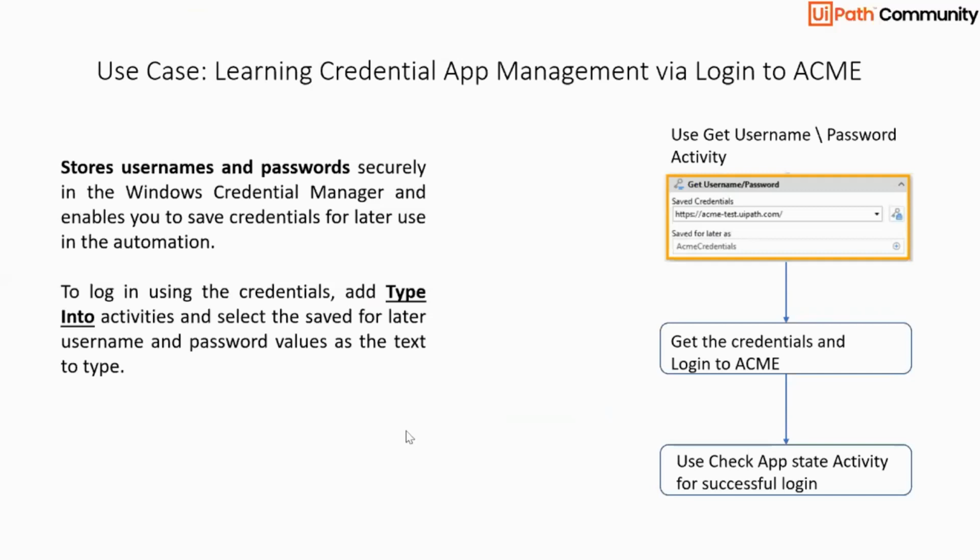However, if the user does not want to intervene, the bot can directly fetch the username and password from a credential manager logic. Every Windows has the Windows Credential Manager, and UiPath, with the help of a UiPath activity, builds a bridge between Studio and the Windows Credential Manager to store the credentials as well as to retrieve the credentials from the Windows Credential Manager itself.